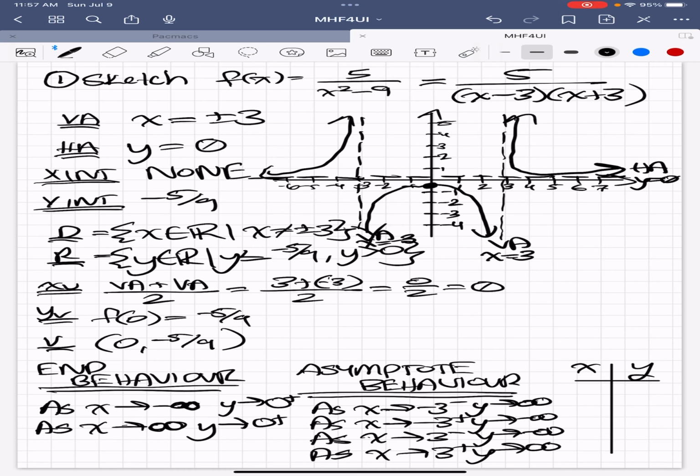And then I have a chart. So this one, we're just going to check extra points just to make sure that everything is in the right place. We're going to use -1 and 1.